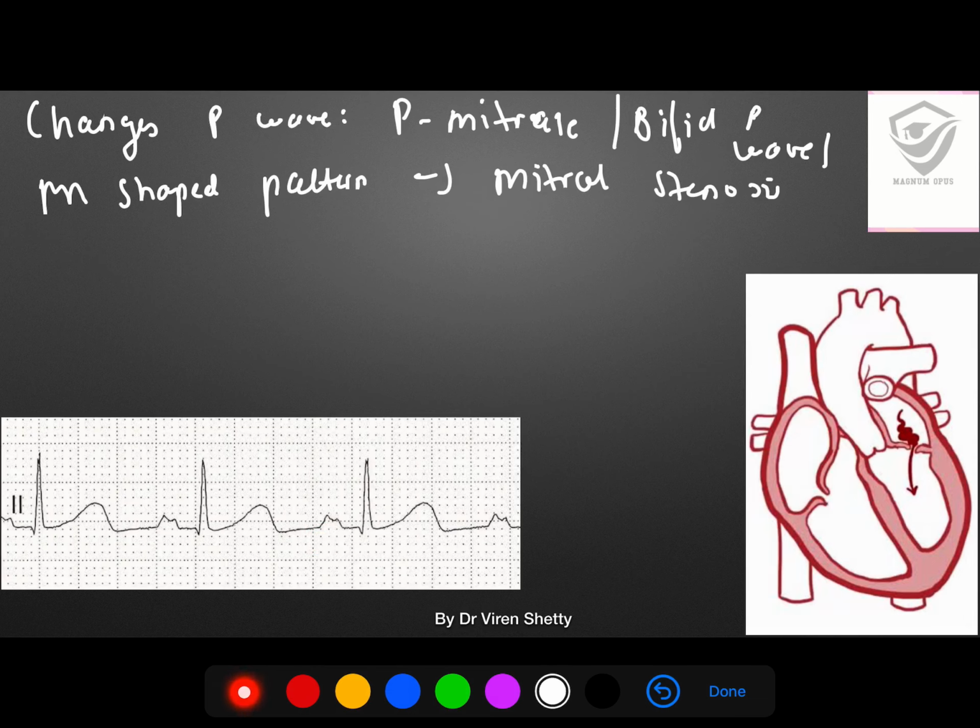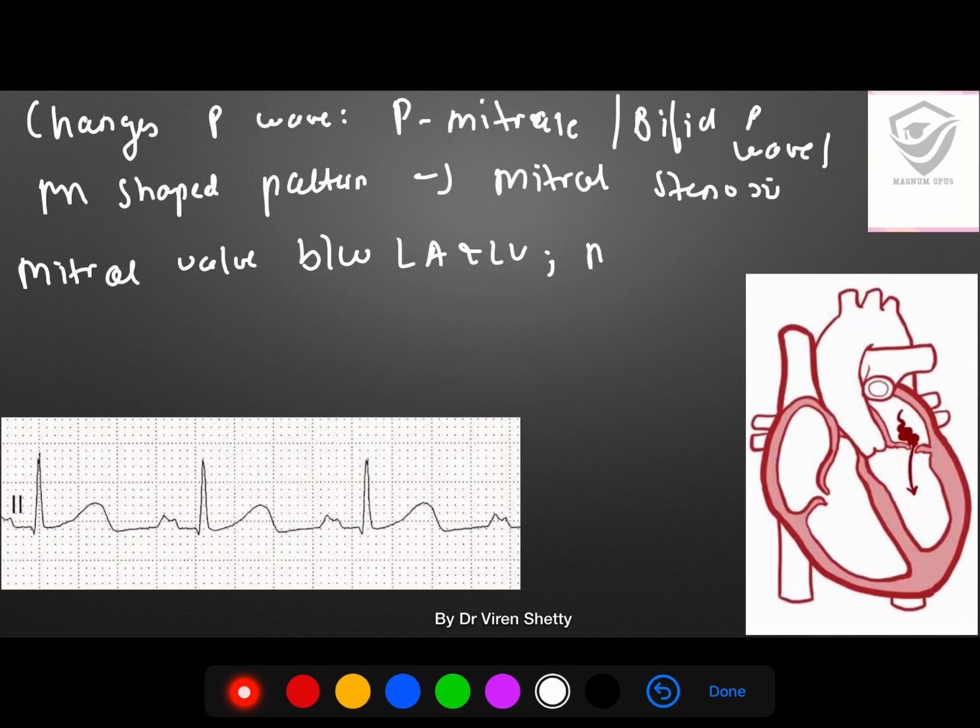P mitral. So now we all know that the mitral valve is present between the left atrium and left ventricle. You can see the mitral valve present between the left atrium and left ventricle.